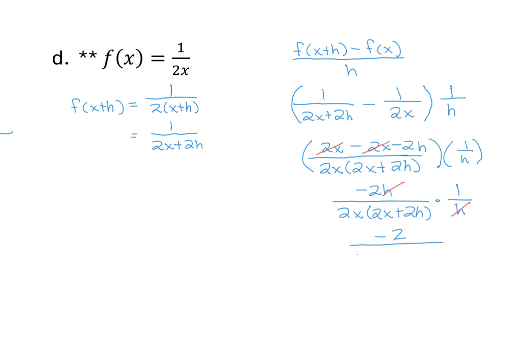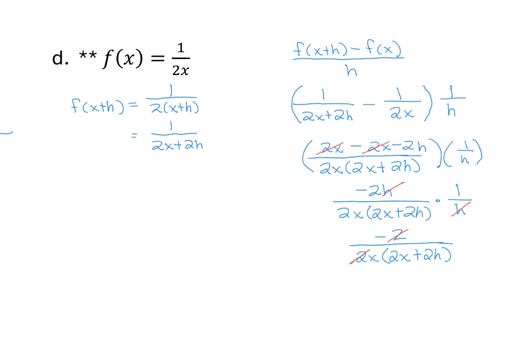Now we can cancel one other thing. We can cancel the 2. If you want, you can distribute first, but I'm going to just cancel right here because everything is being multiplied.